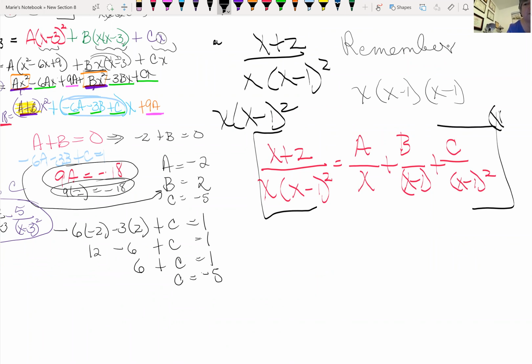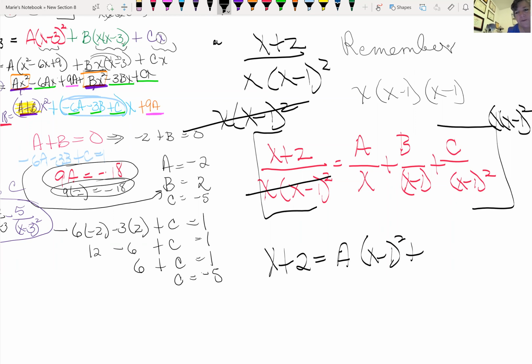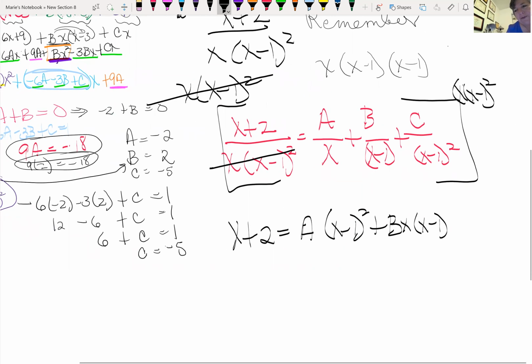So x times x minus 1 squared cancels here, leaving you just x plus 2 equal to, and when we multiply this, you end up with a times x minus 1 squared plus bx times x minus 1, and then lastly plus cx.